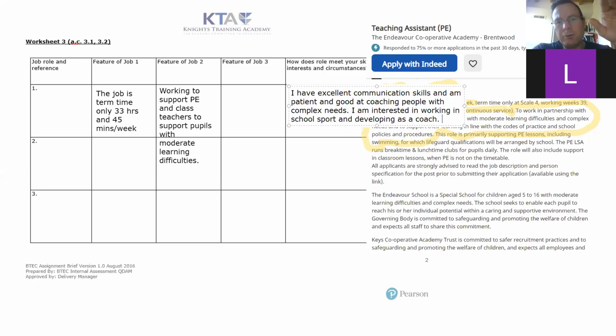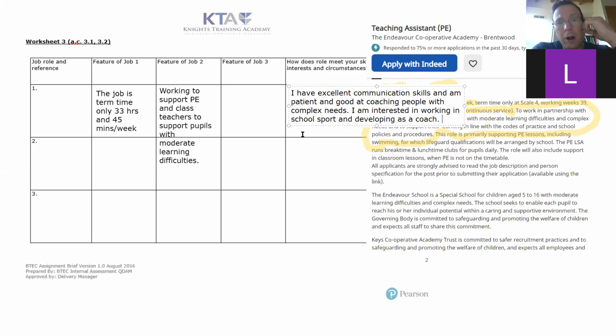So really what you do with the final bit is you just say why you might be suited. So for example, we've got our features: when the job is, how much it pays. We've got a second one, who you're supporting, what you'll be doing day to day. And the third feature of the job will be the specific qualifications and skills that are required.